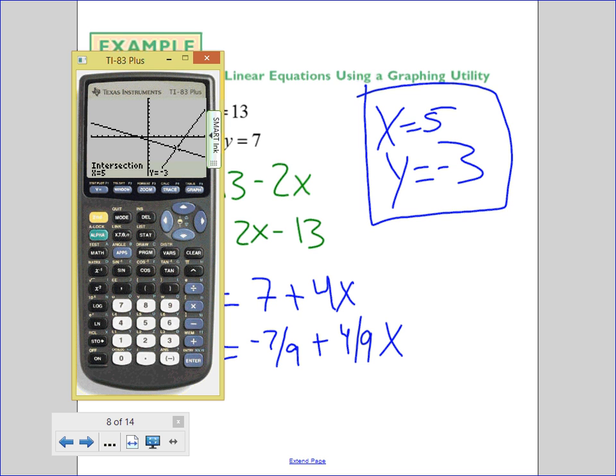And see, this graph isn't big enough for that. So if you're using a calculator to do a problem that has that big of answers, you have to adjust your window until you can see this intersection happening. Which can be pretty difficult to figure out if you don't know what ranges you should be in. So it's good that we can do it by hand and then maybe check it with our calculator.